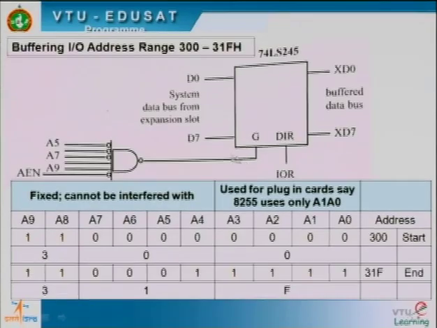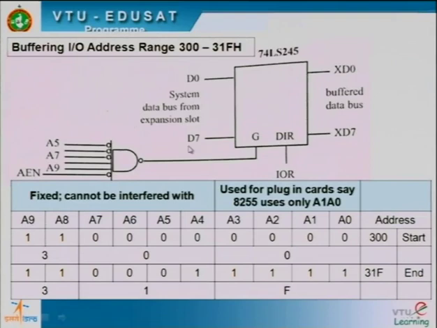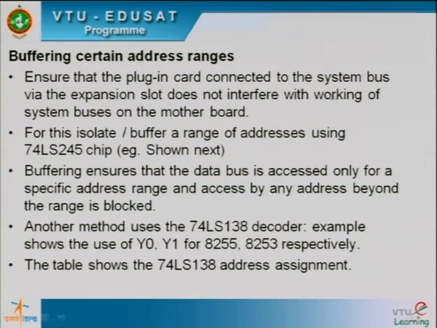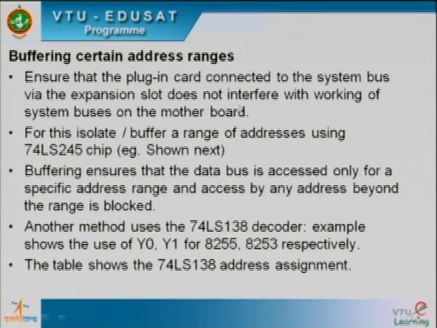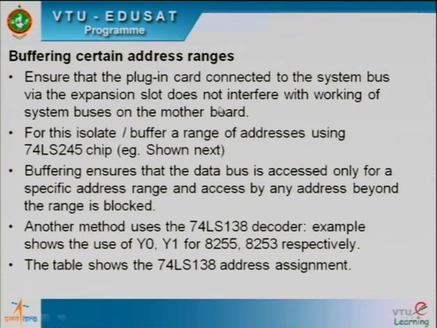Then we come to the next concept of buffering IO address ranges. Let us say I have a system bus. In the system bus, I have provision to plug in many cards. Each card I plug in, I have to allot certain addresses to it. For example, if I plug in an 8255 in this card, I have to allot 4 addresses for the 8255.